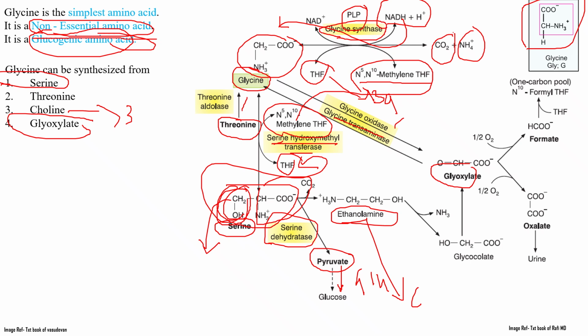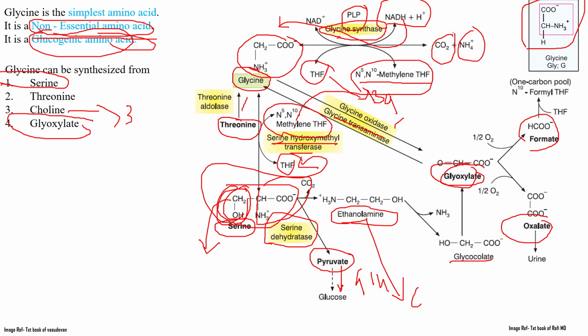Ultimately, that is a different cycle where serine, choline, and glycine form a cycle. And these can also be converted to glyoxylate, and when glyoxylate is broken down, it forms formate and oxalate.